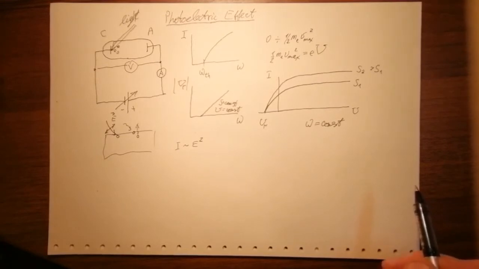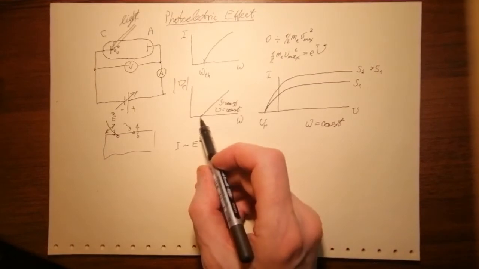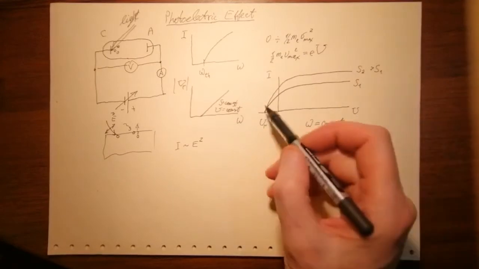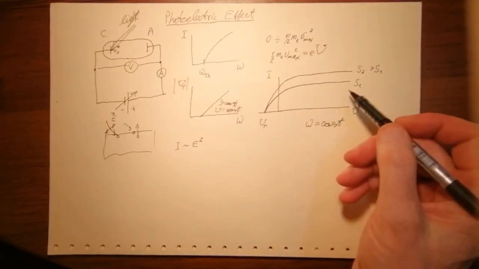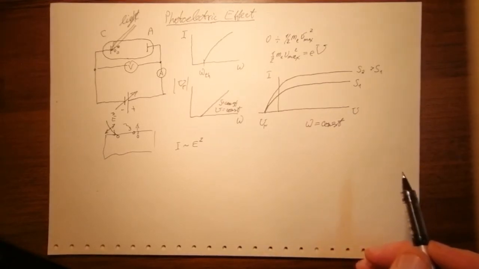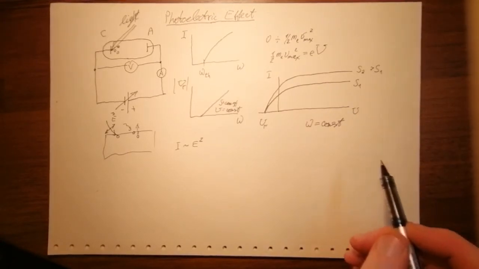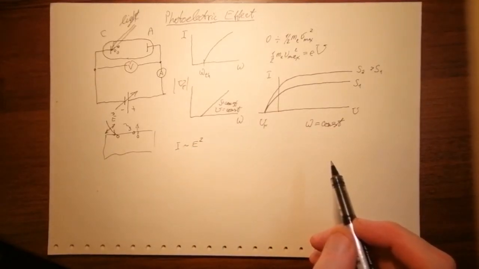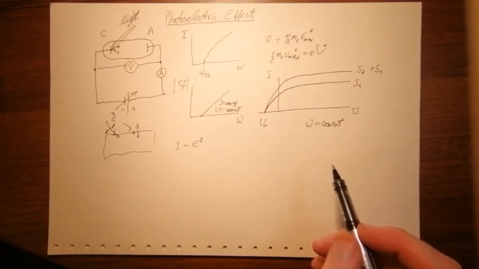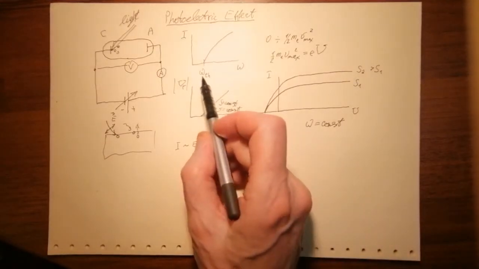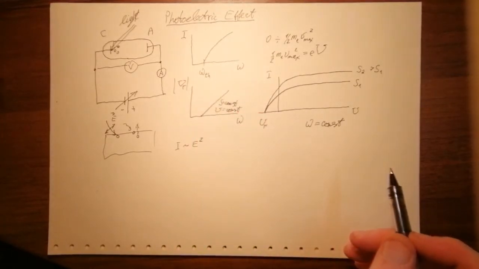So the intensity of light does not change the retarding voltage. Here you see again, for both cases the retarding voltage is the same. This is an experimental fact, which contradicts our understanding in classical theory of electromagnetism.